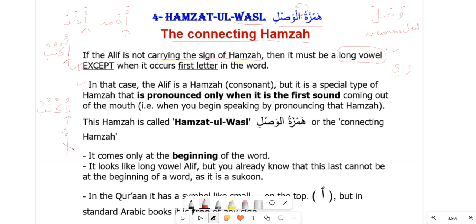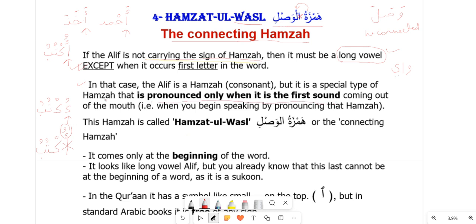So ignore the seat and pronounce hamza with dhamma only. Uktubu. That's how hamza comes. So here hamza is coming as a letter. But it is a special type of hamza that is pronounced only when it is the first sound.